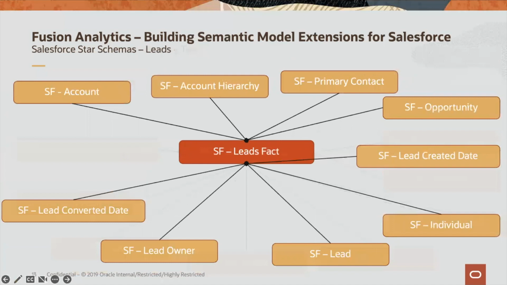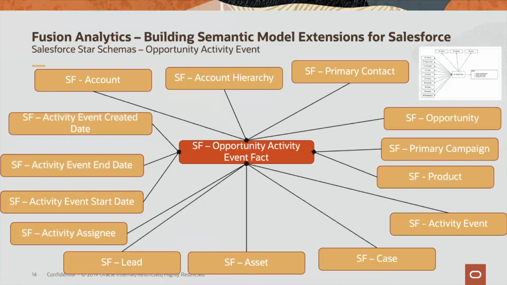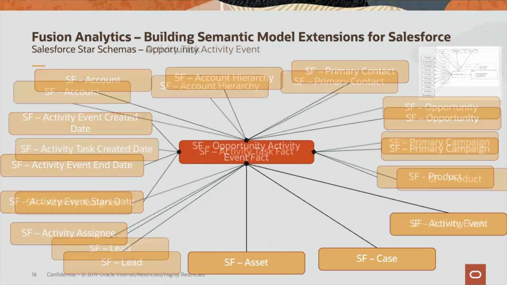We have the lead, where again we're seeing some component dimensions: the account, contact, opportunity, and some of the lead specific hierarchies dimensions. And then the opportunity activity, where we have the event and also the tasks.